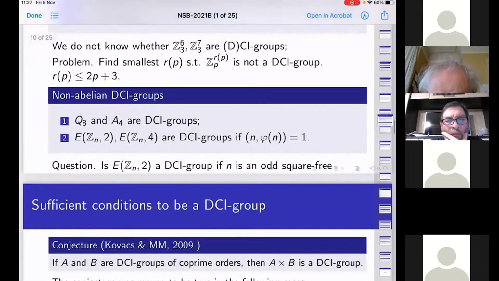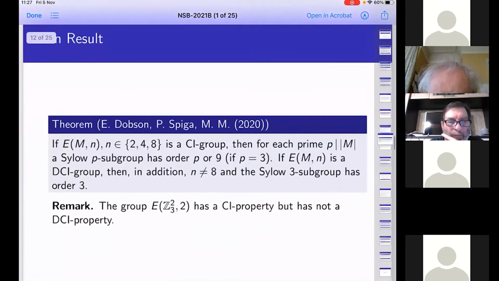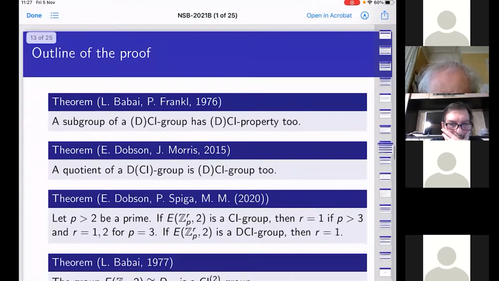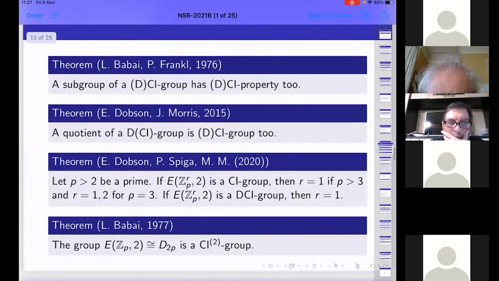But still there is one question which remains open. And this is, if I take a dihedral group of order 2 times an odd square-free number, is it true that this is a DCI group? So if we answer this question, then we somehow could close the problem for non-commutative groups.